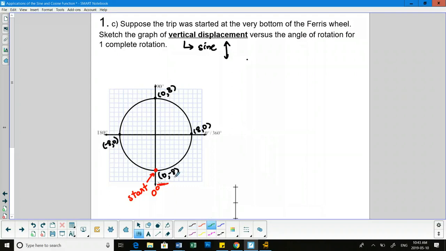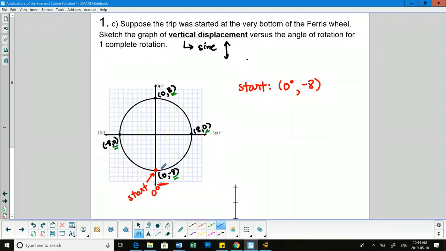So I'm actually interested in the y coordinates at these locations as we rotate around. Okay? So at our starting point, we're at 0. And what is the vertical displacement at that point right there? -8, yeah. We're 8 units below the center. So we can see that our points already are a little bit different than our previous points.